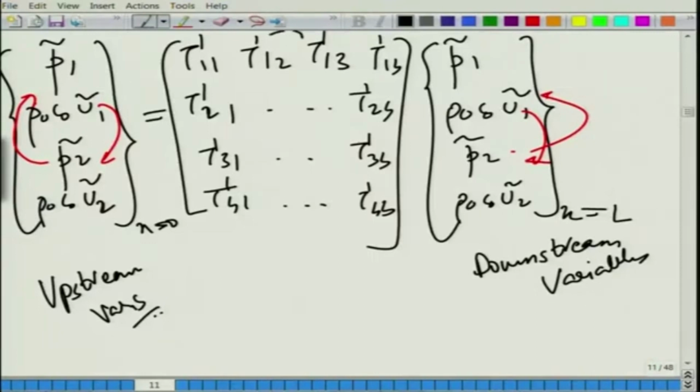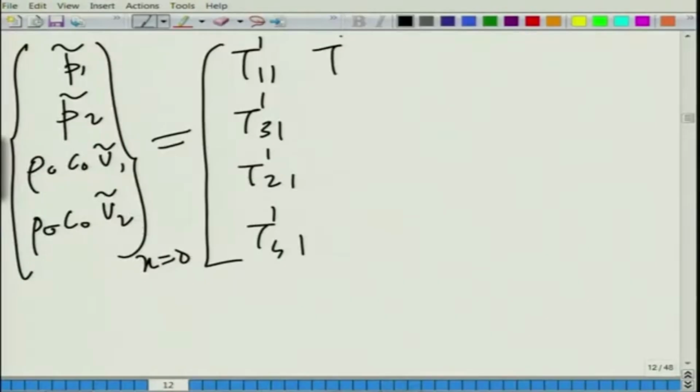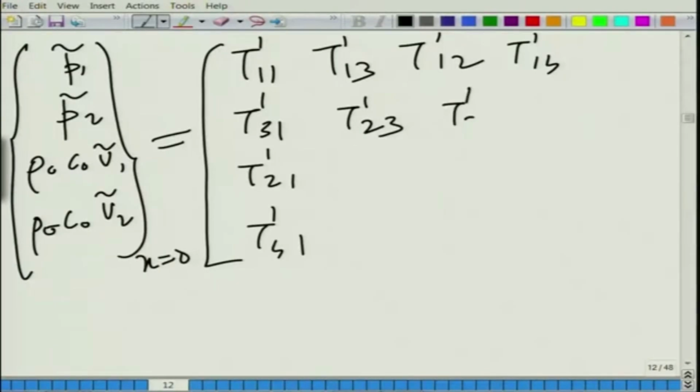This guy comes here, this guy comes here. So, as a result, what we would really have is T13, T12, and nothing will happen to this thing. Similarly, this will become T23 and T22, T24. I am so sorry, my mistake.